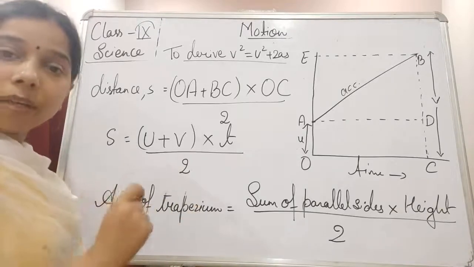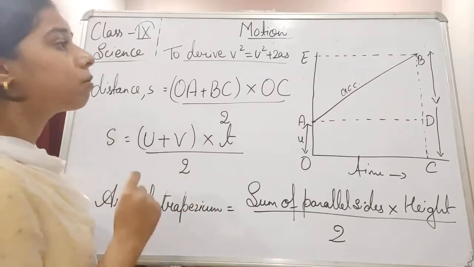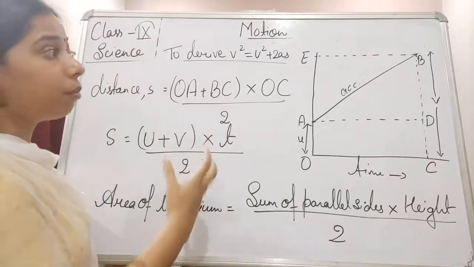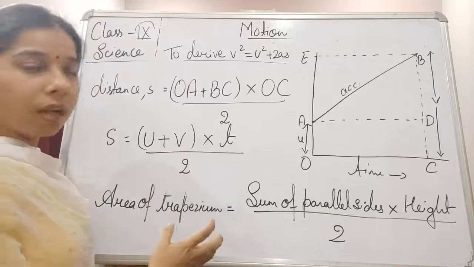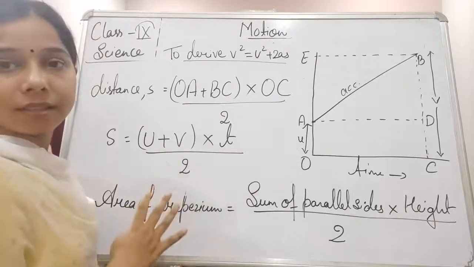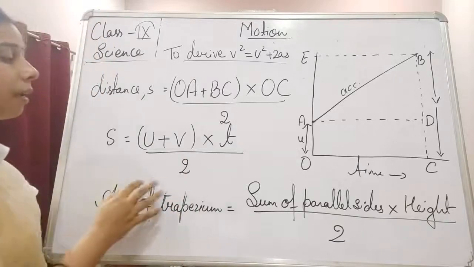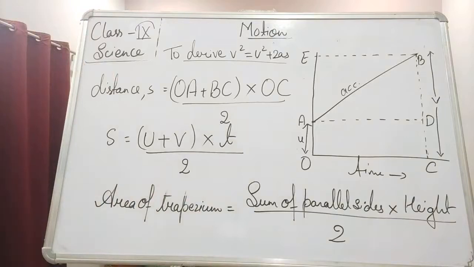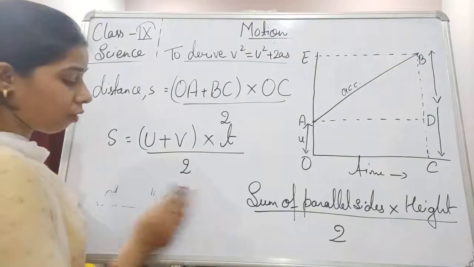So it is important for us to remove the time. We will leave the initial velocity, final velocity and the acceleration here itself. To remove T, we will use the first equation of motion.